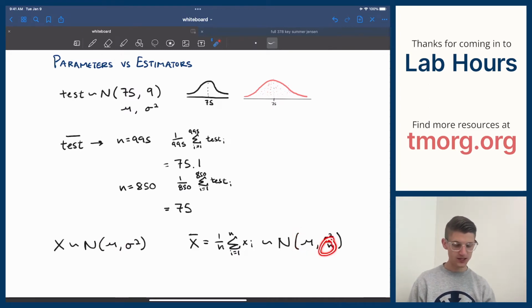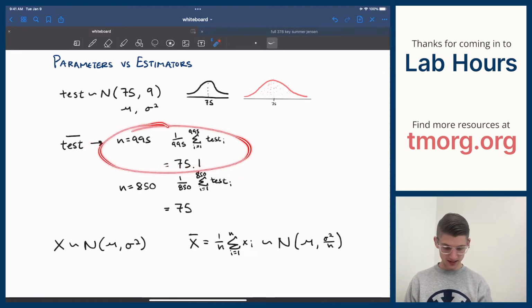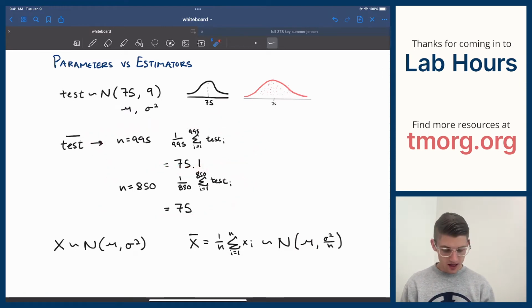But even if our sample size is only 2 billion or 1 million or 10,000, we start to get really, really close because the variance of x bar gets really small, right? It's hitting really close to this mu every time I pull an x bar, right? Every time I pull 850 or 995 for my n, I'm getting more and more likely to hit that exact mu, okay?